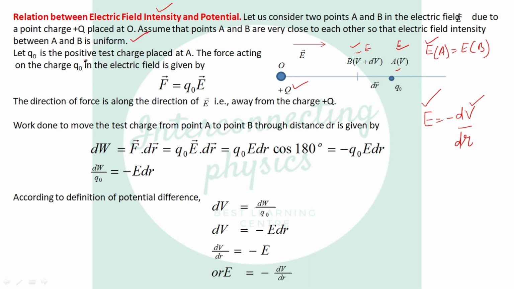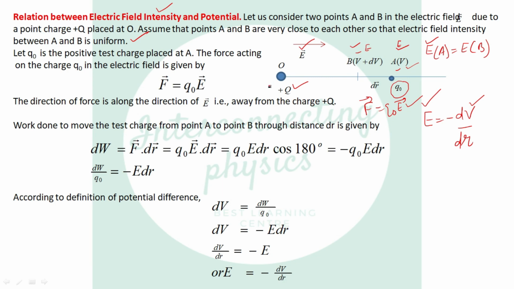Now let q naught be the positive test charge at point A. Now the force acting on this test charge due to this electric field will be F equal to q naught E. Now the direction of the force will be the same as that of the electric field. If the electric field is in the positive x-axis, that means this electrostatic force is also in the positive x-axis.